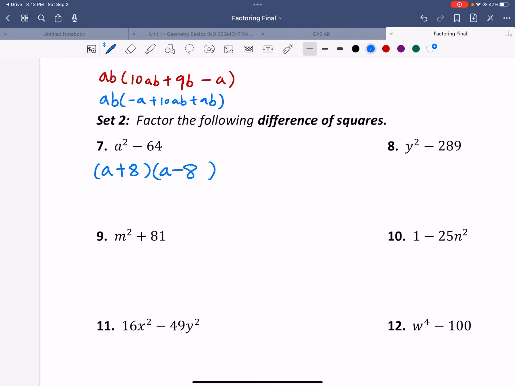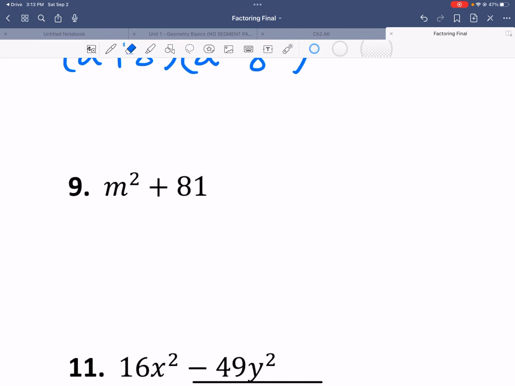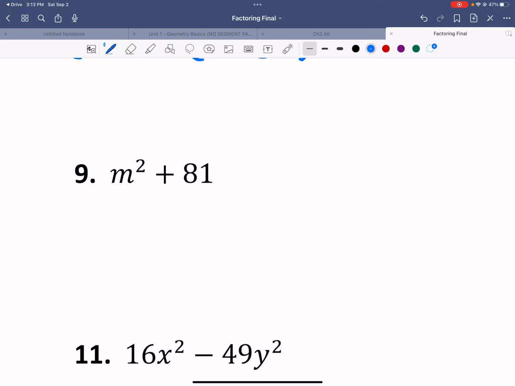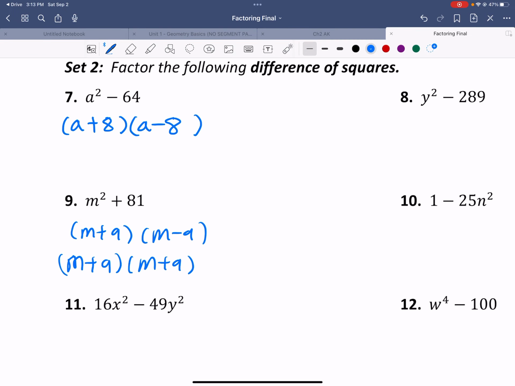Now, you can figure out these numbers by yourself later, but try question number 9. Pause the video and try question number 9. If you got m plus 9, m minus 9, you're wrong. If you got m plus 9, m plus 9, you're also wrong, because the sign is positive, not negative.